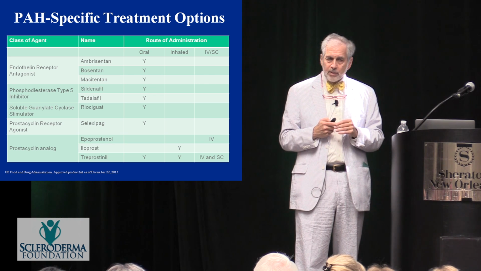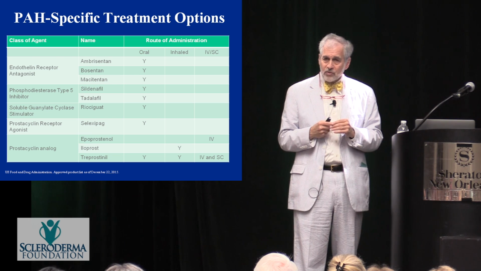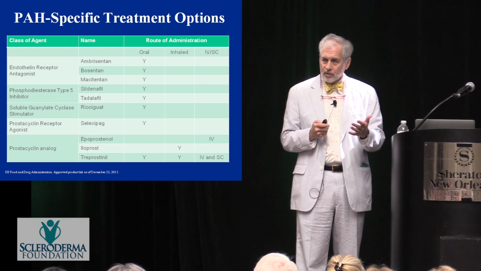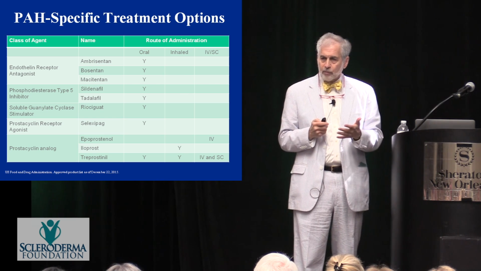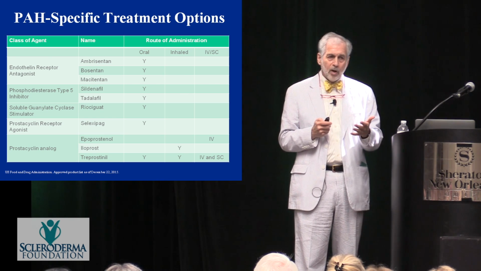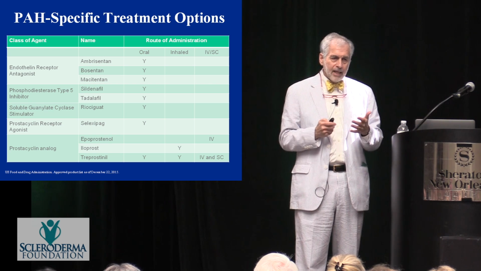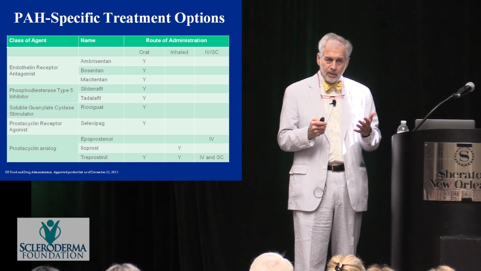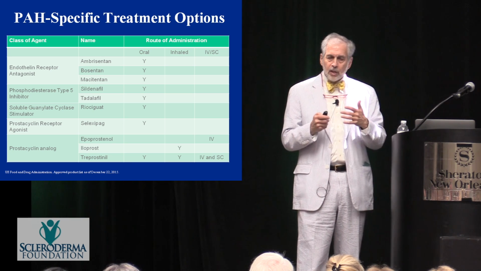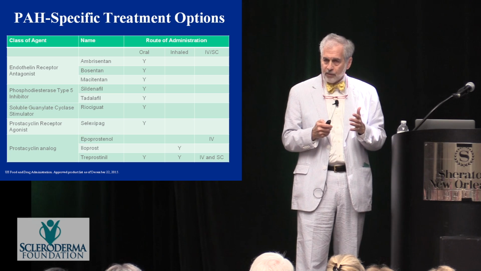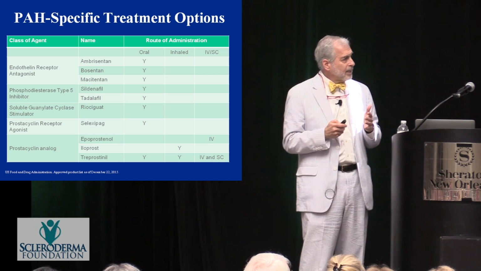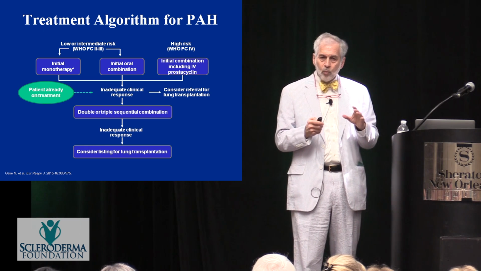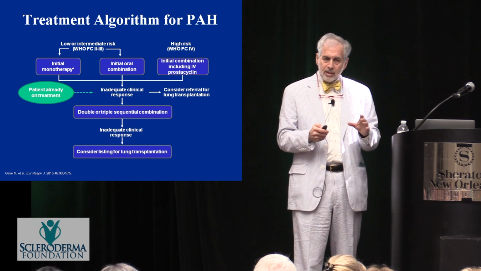So I've been doing this about 35 years. I served on the Data Safety Monitoring Board for the first FDA-approved drug for pulmonary arterial hypertension, epoprostenol, Flolan. And in the 20 years or so since that, there's just been an explosion of different drugs attacking each of these different pathways.